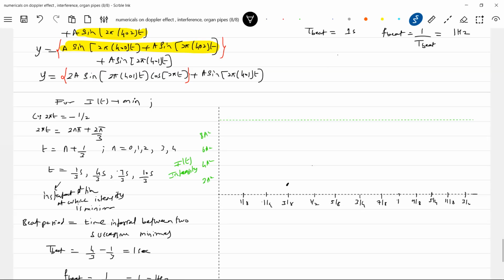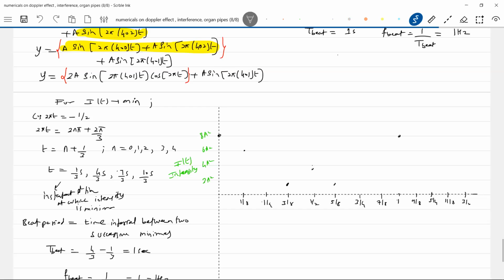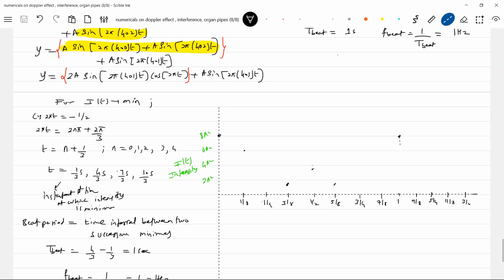3 by 8, it will be again 1 will be maxima. We have some points here.